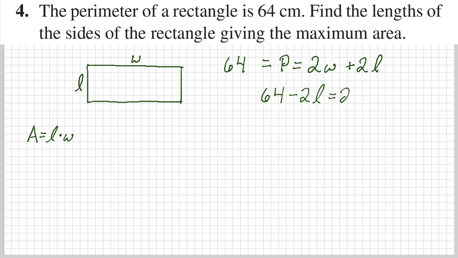I'll divide then by 2 to get W in terms of L. So W equals 32 minus L. So now I have area in terms of just the length. I don't have the width anymore.